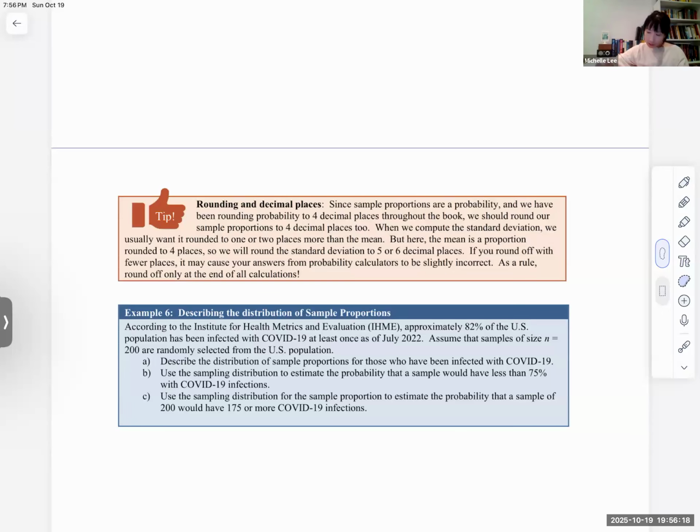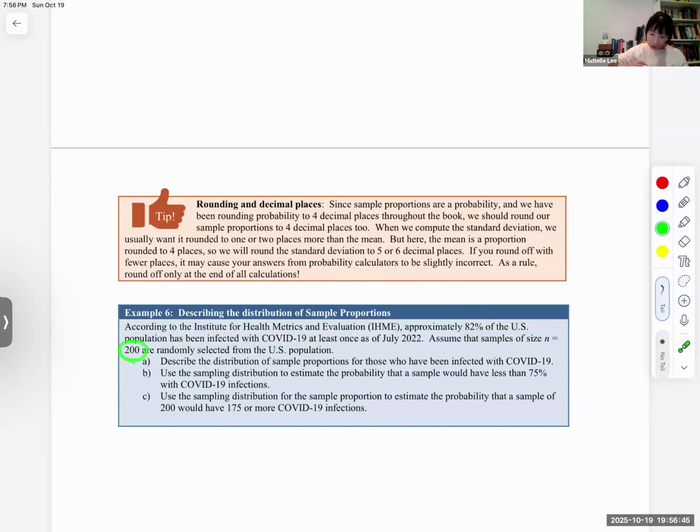Okay, so this question will be the last question for this section. Let's do it. According to the Institute for Health Metrics and Evaluation, approximately 82% of the US population has been infected with COVID-19 at least once as of July 2022.